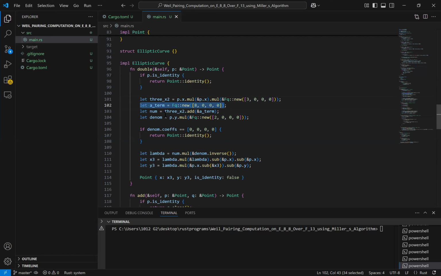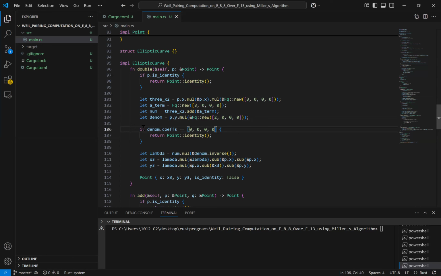What about the denominator? The denominator is supposed to be 2y. So y times 2. But look at the 2. I'm emphasizing how it's supposed to look. And look at the identity here, the identity for addition: 0 plus 0t, 0t squared, 0t cubed.